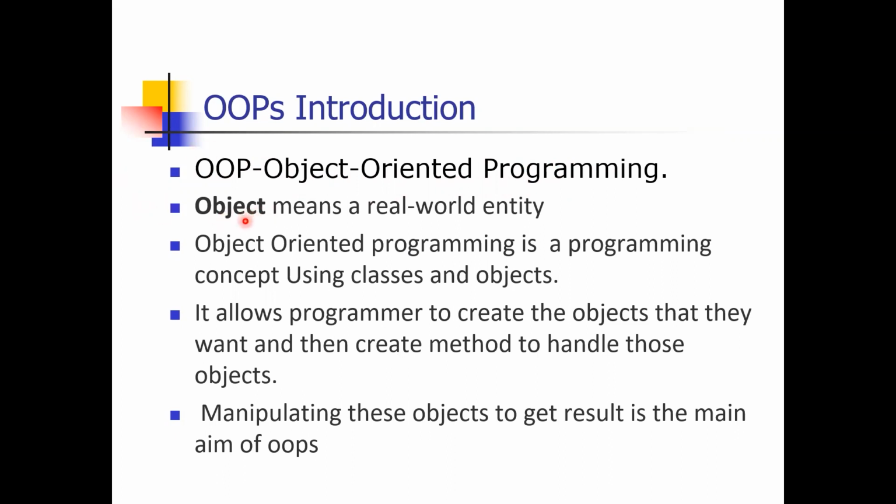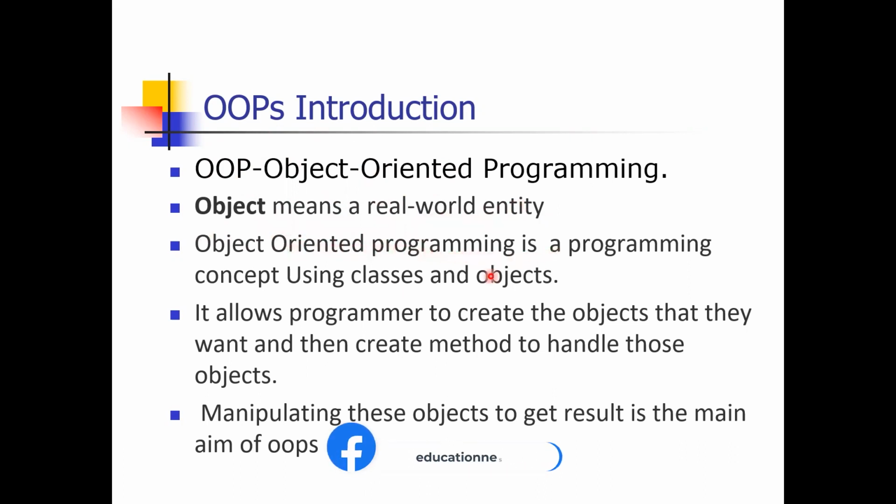So what do you mean by object and what do you mean by classes? Object means a real world entity like table, chair, animals, food item, any real world item. This OOP programming was designed to interact with real world entities.